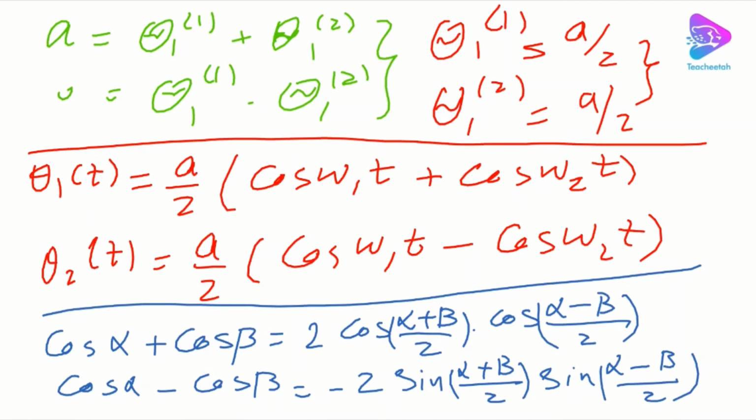Why am I showing these two equations? I want to apply them to these two equations. So if I use these two formulas, where alpha is omega 1 and beta is omega 2, what would we get? Let's do this.